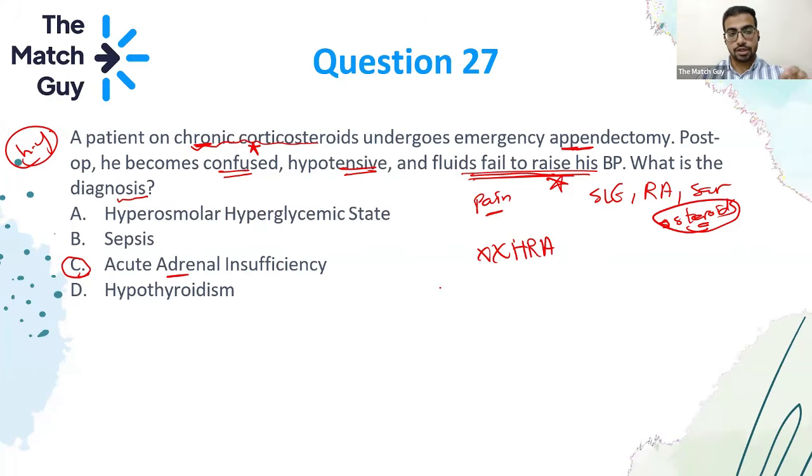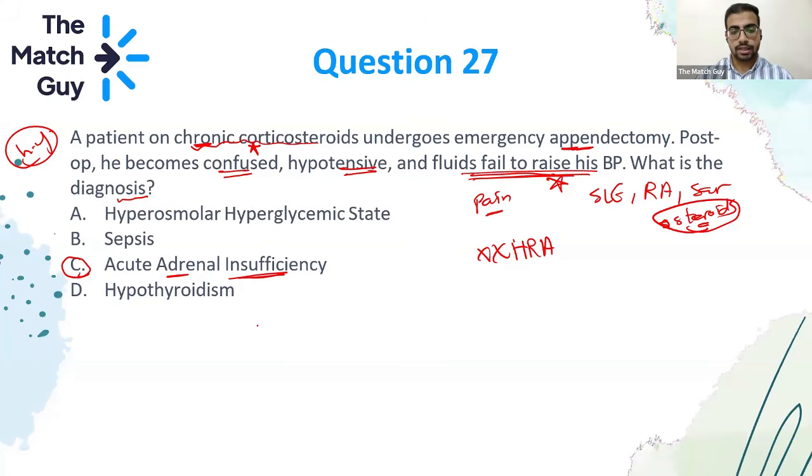So in such stress conditions, a normal person compensates by increasing ACTH and increasing cortisol to try to adapt to this stressful condition. But this person's hypothalamic pituitary axis is suppressed. So we, as doctors, have to anticipate this and increase his steroid dose. Here, they didn't increase his steroid dose. That's why he got into this acute adrenal insufficiency attack.